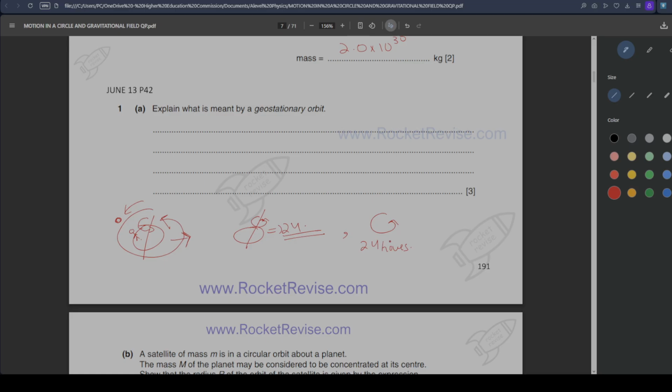So in this we need to write that it needs to orbit around the equator.